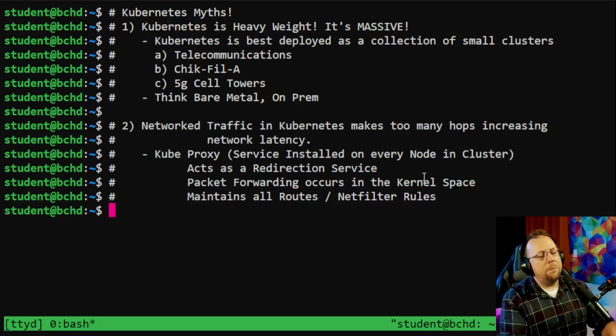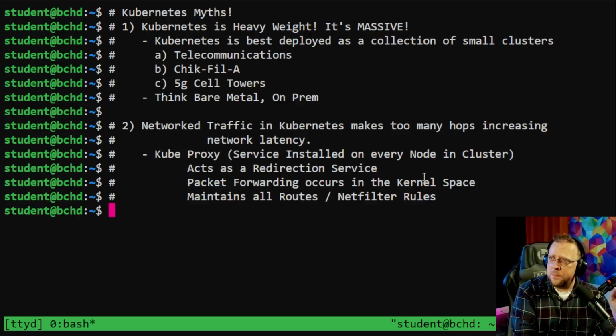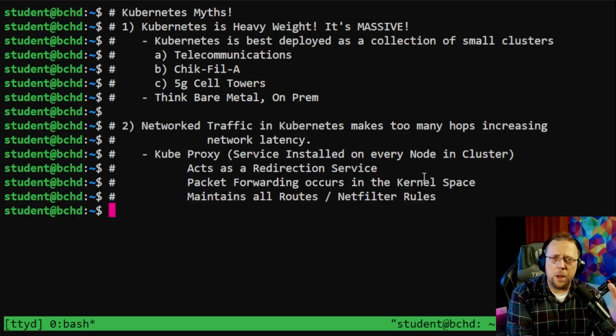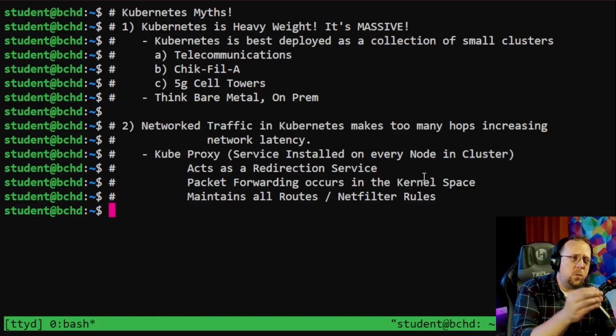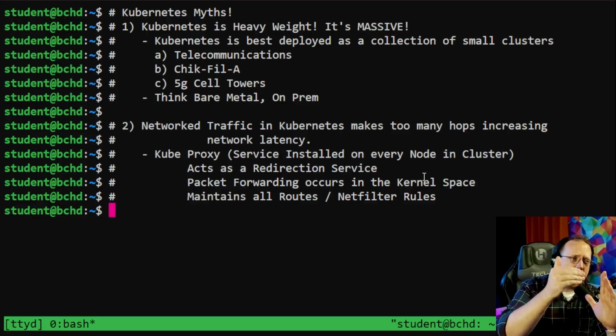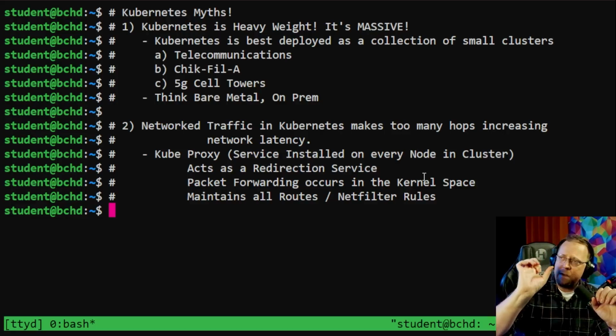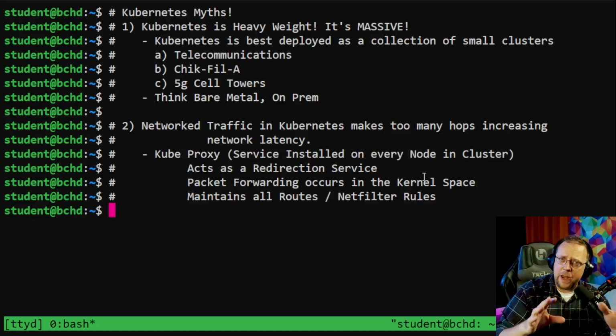Now, depending upon your container network interface, Kubeproxy will be configured differently. Okay, so for example, if we were talking about Linux-based clusters, we would more than likely have something like Calico. Calico is a great bare metal Kubernetes CNI, or container network interface. That CNI is what fills out the Kubeproxy routes and netfilter rules, okay? It manages Kubeproxy.